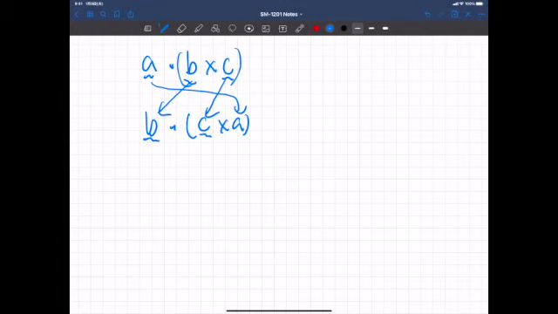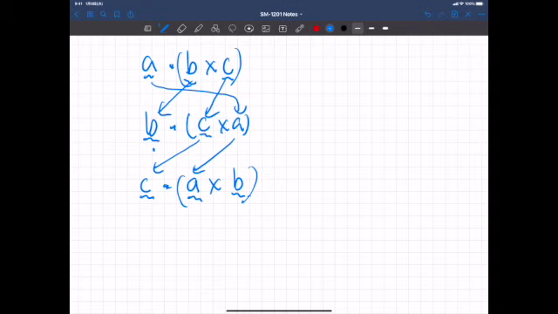Then again, put B to the last position, then move C and A forward. Then you have this. So this is like a circular permutation.